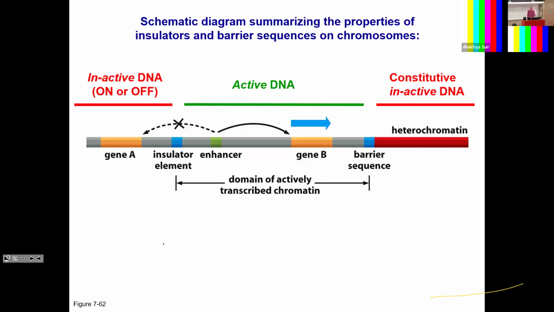Whereas for gene B, there's nothing in between the enhancer and the gene, so gene B is activated. So just memorize overall heterochromatin and active DNA, which can be separated by insulator elements, where one gene is transcribed and the other one is not. Okay.